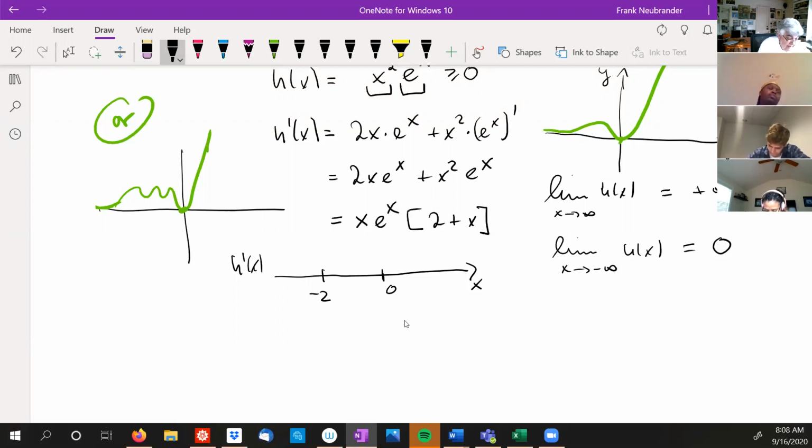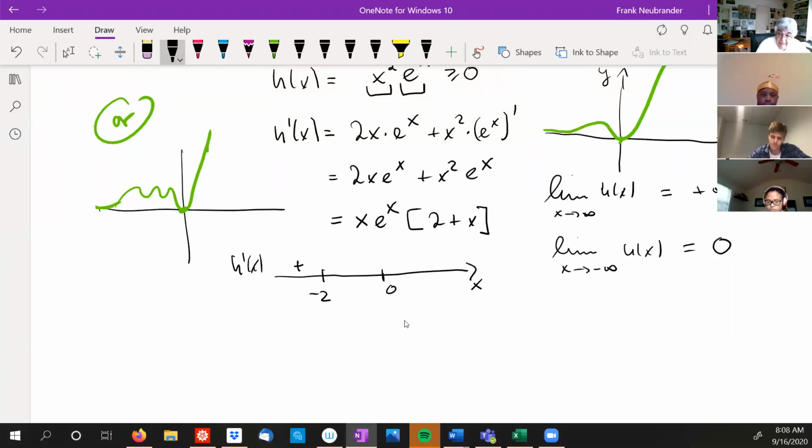If I plug in a number to the left of -2, let's say -10, then I have -10 times e to the -10 times -8. So it's negative times positive times negative. So it will be positive.